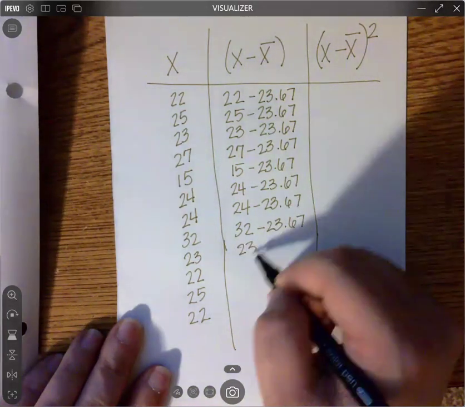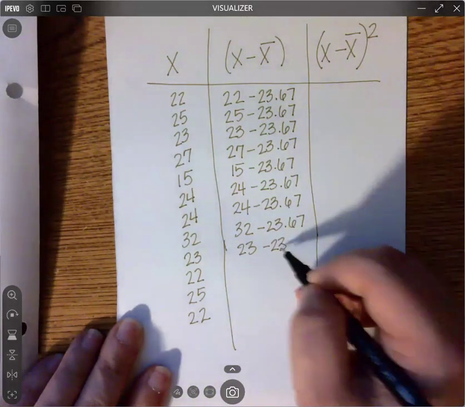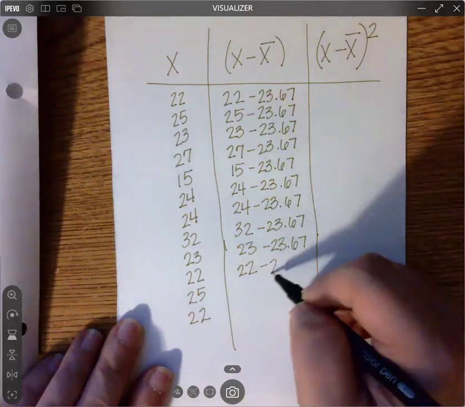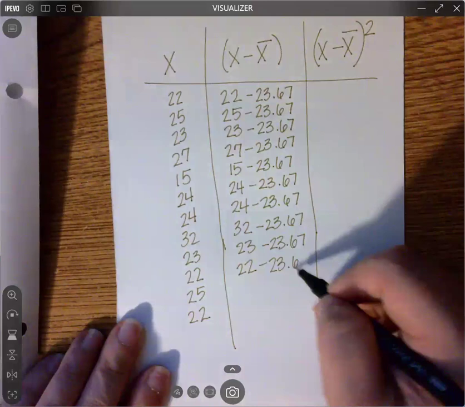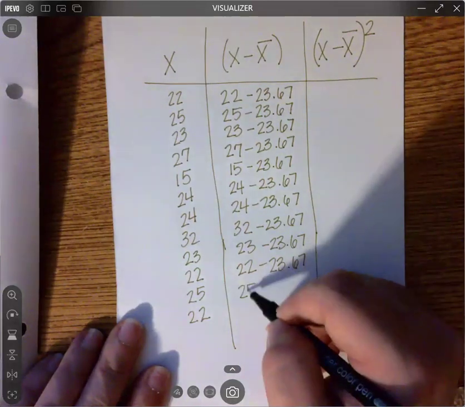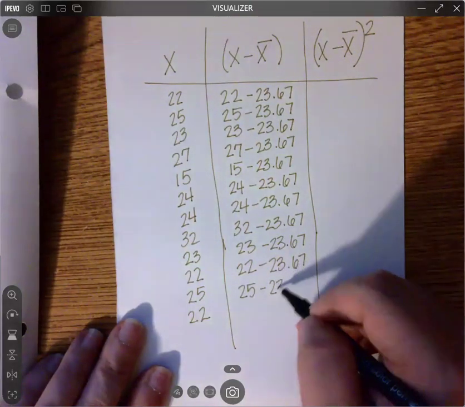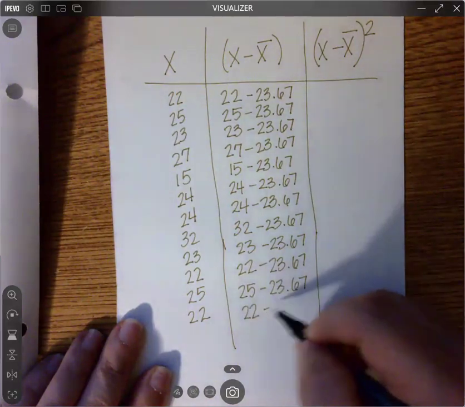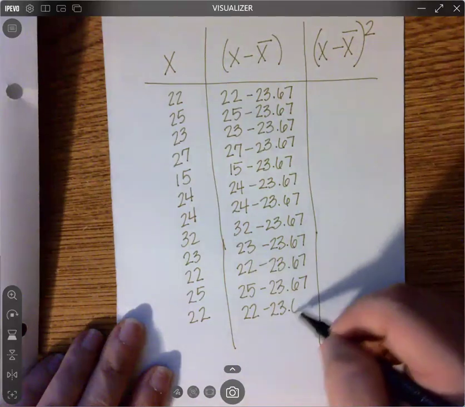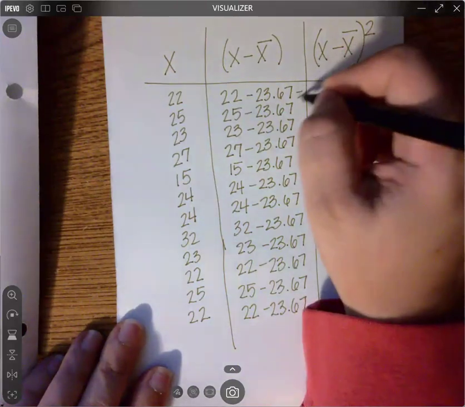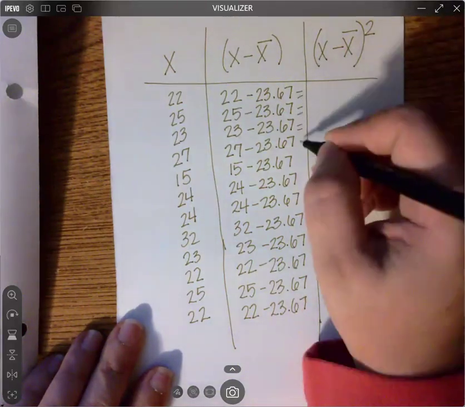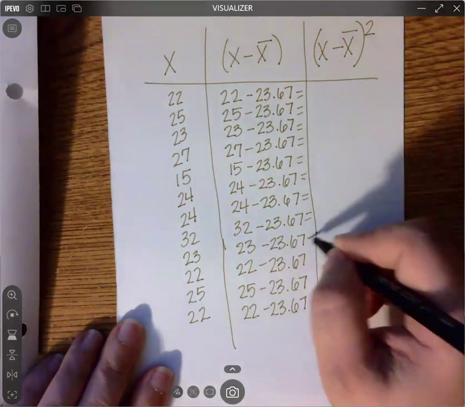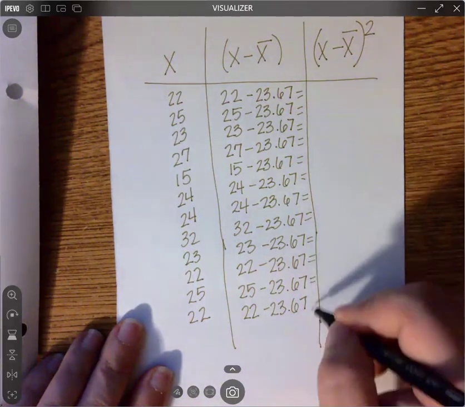And I'm doing this problem with you, but feel free to pause the video if you need extra time. Now, when I subtract, I'm going to take my answer and square it before I write anything down, just to save a little time.